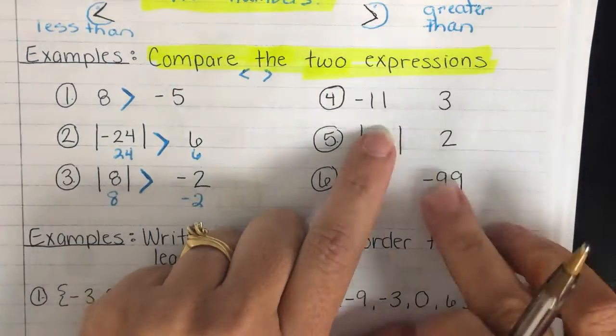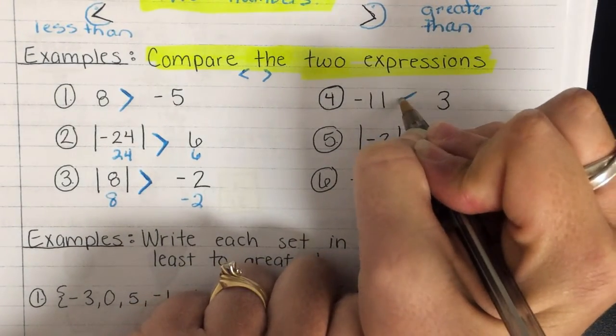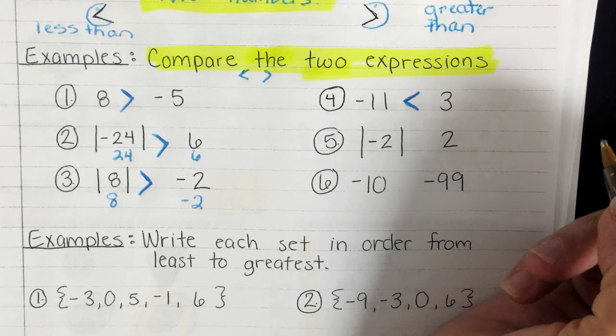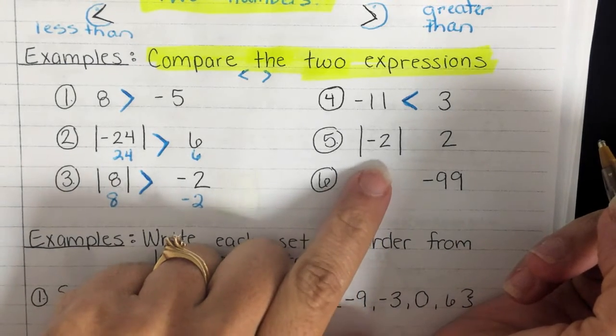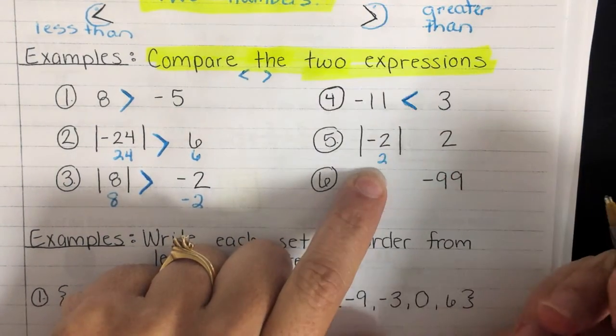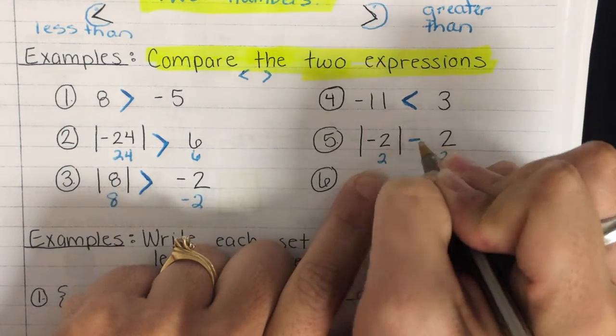Which one's bigger, -11 or 3? 3. Right. This means absolute value of -2, which means it is a 2. This side is a 2. So they're equal.